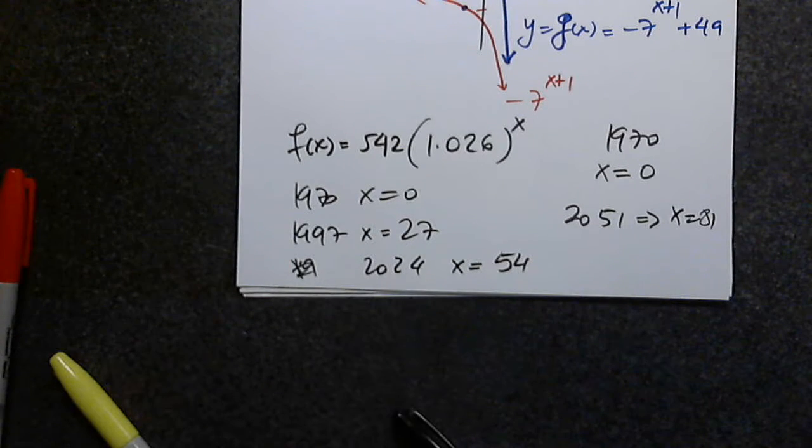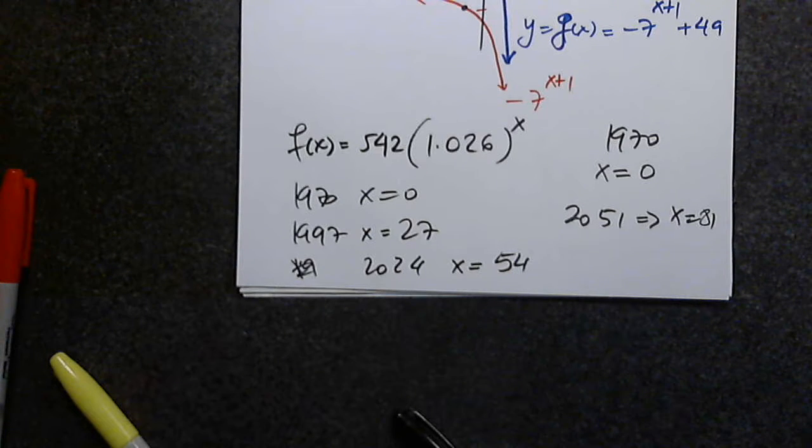I'm not going to do this by hand. I'm going to put the function in the graphing calculator under y equals. Clear if you have anything in there. And you copy 542 in parentheses, 1.026, close the parenthesis, caret, in parentheses, x. Now I go back to second and table.